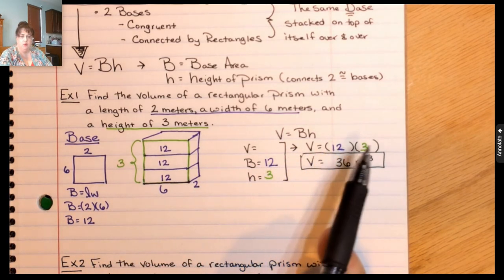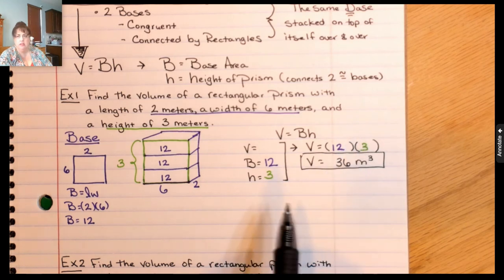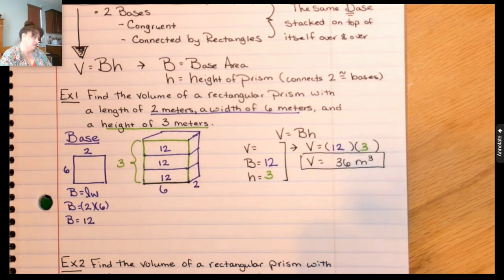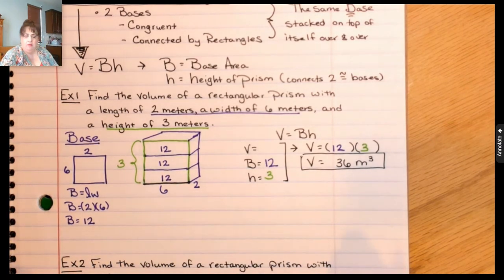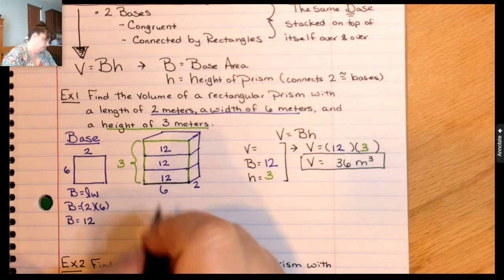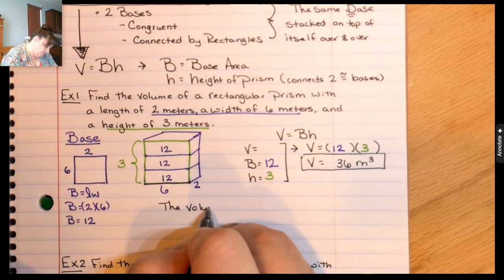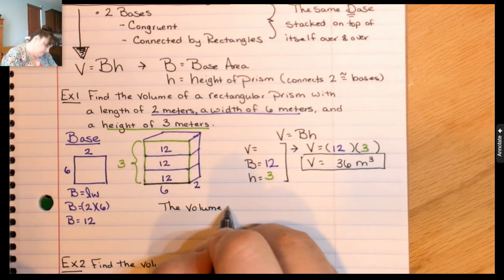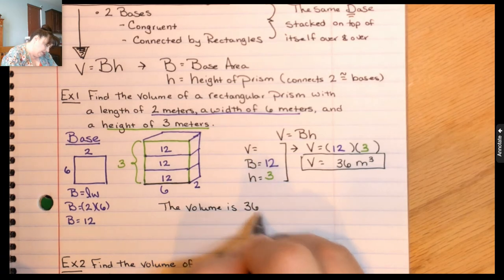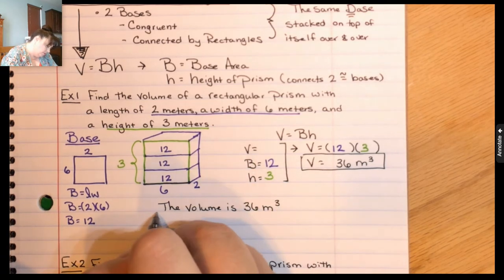So we had meters squared times meters, which is m squared times m, which is m cubed. That's called unit analysis. That's why the volume is 36 meters cubed.